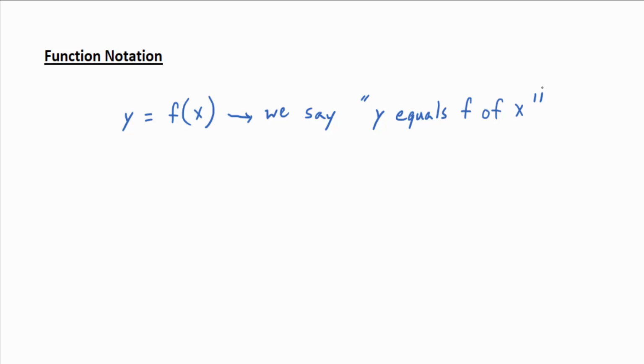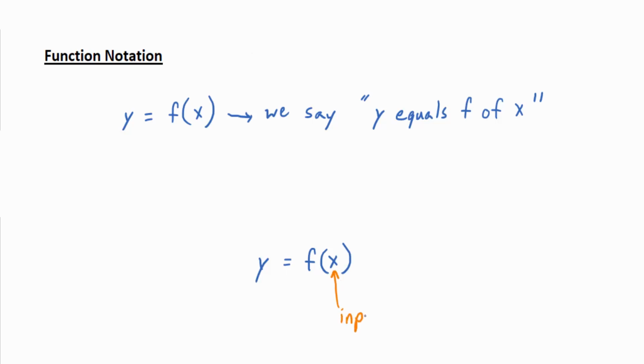Okay, so what does this notation mean? It's really a rearrangement of the ordered pair notation. And the reason we use f of x in place of y is it's a quick notation for telling you what to input. So when you see y equals f of x, really what we use it for is I'll change the x to something.